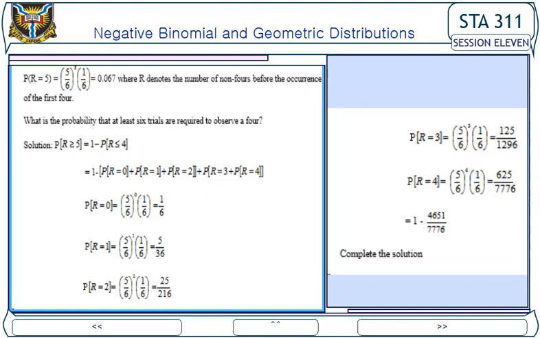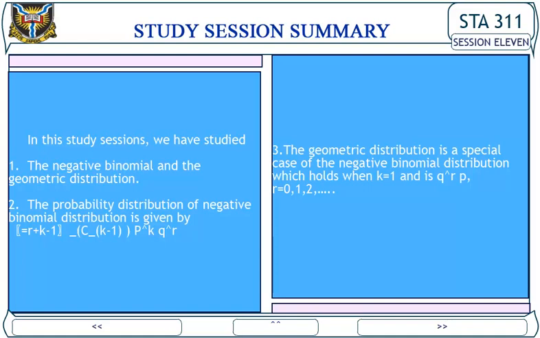P of R equal to 2 is 25 over 216. P of R equal to 3 is 125 over 1296. P of R equal to 4 is 625 over 7776. So this is equal to 1 minus 4651 over 7776. Complete the solution.